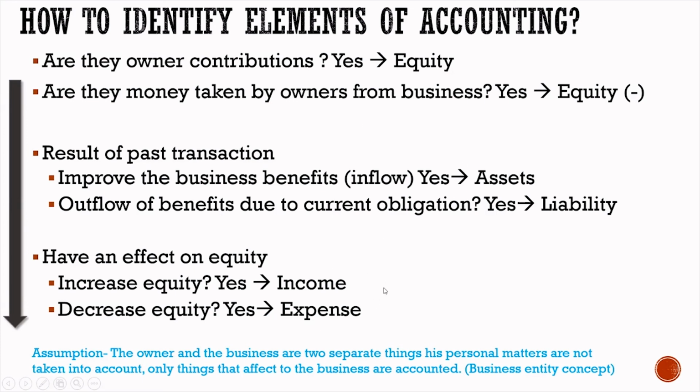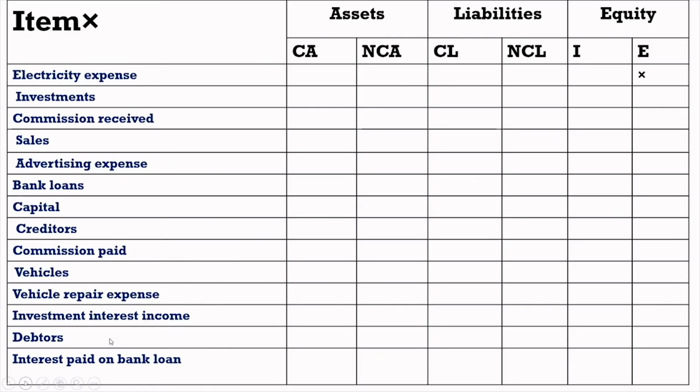So, what element of accounting the business transaction fit for? It is you who have to decide, right? You have to understand the characteristics of them and then analytically go step by step and realize the proper element it belongs to. So, I have a small exercise here.